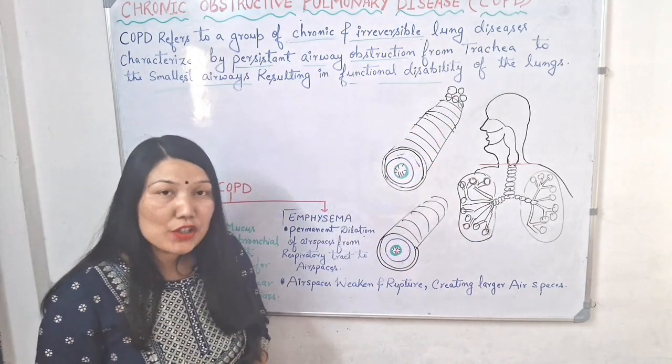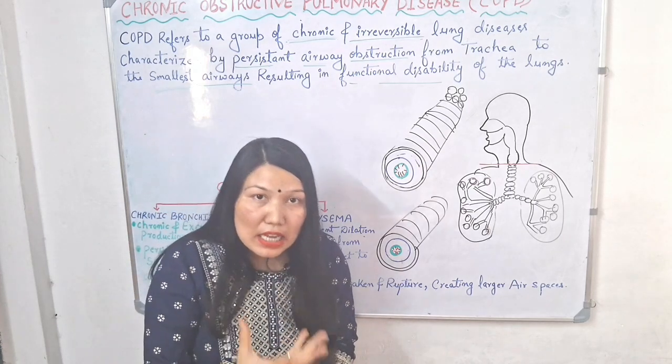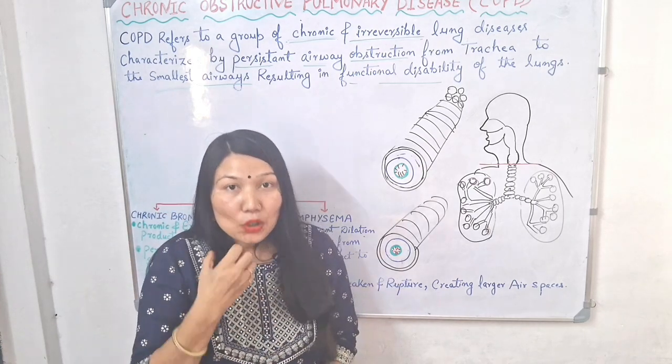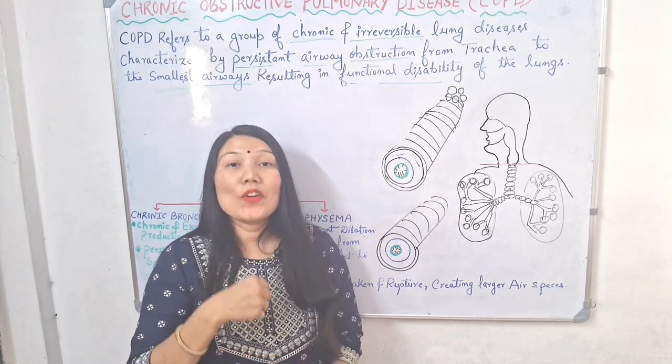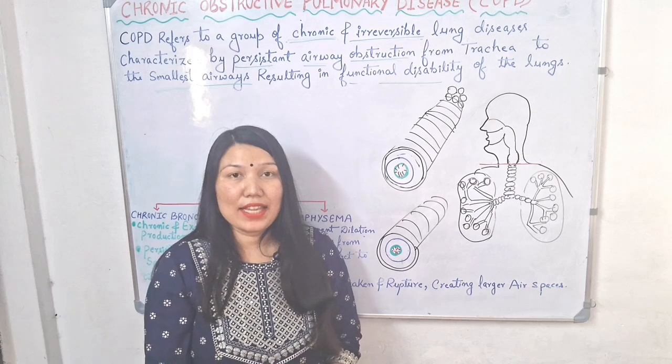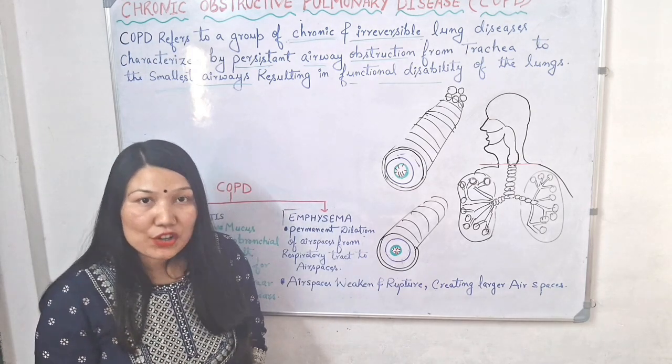Due to the obstruction, which could be partial or complete, our lungs are fully disabled. They cannot do their function properly. There is no gas exchange, or there is difficulty in gas exchange. So the lungs are functionally disabled due to the obstruction.